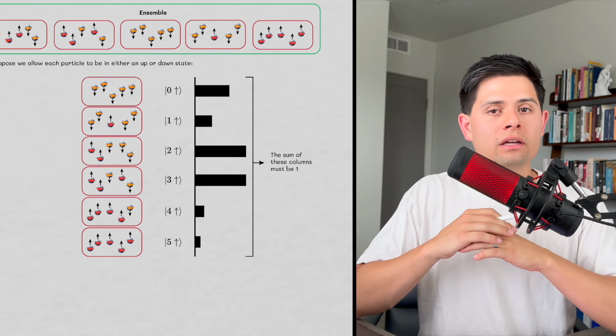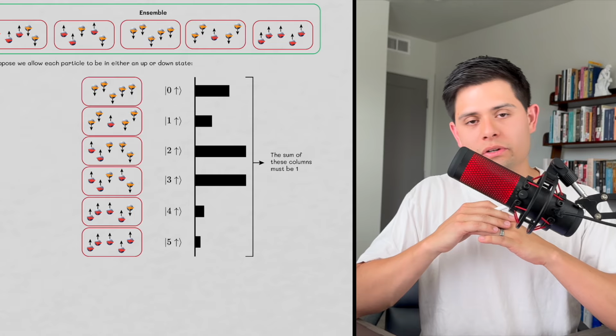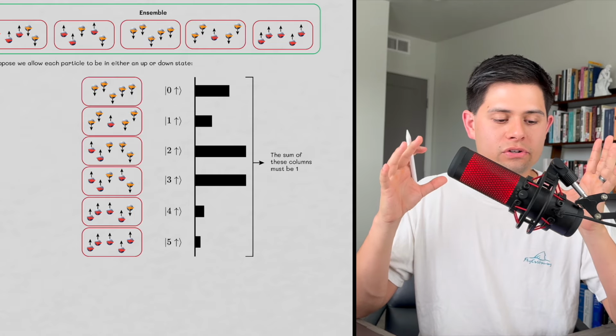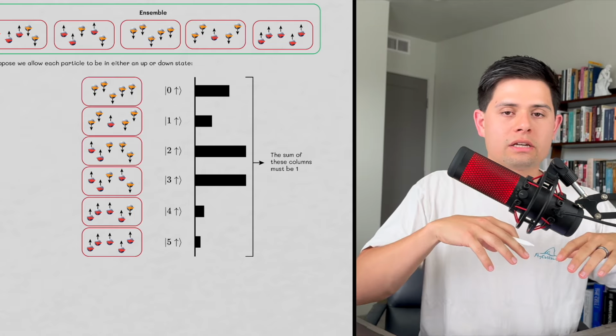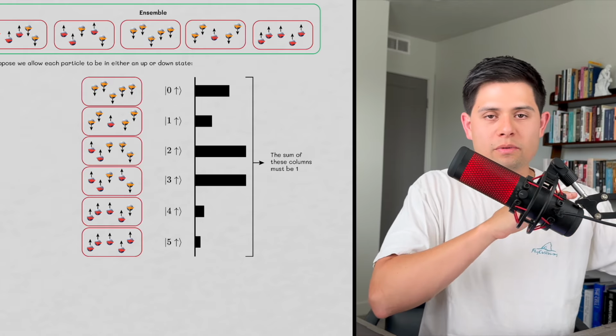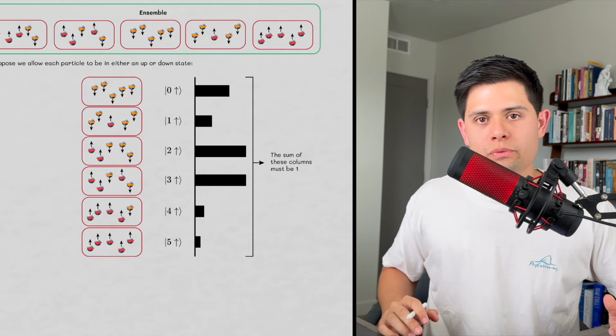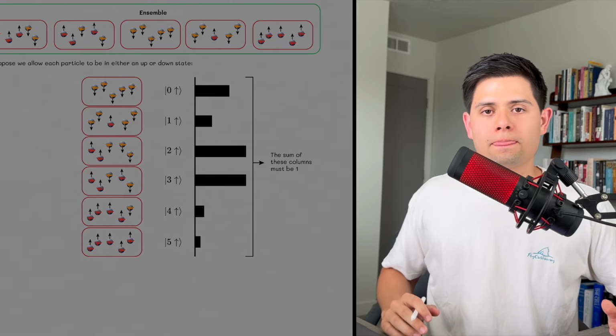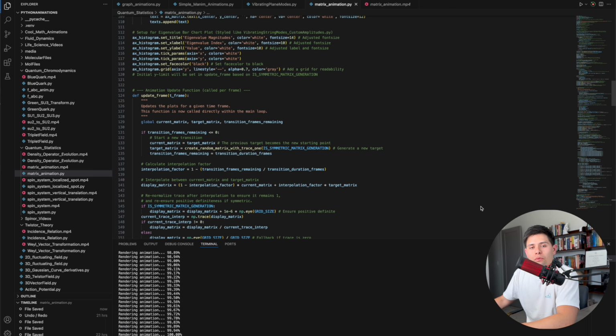So let's go ahead and now go into some code, because again, I want to not just go over concepts and animations, but we want to get into some code as well. Alright, so what is science without a little bit of code again?